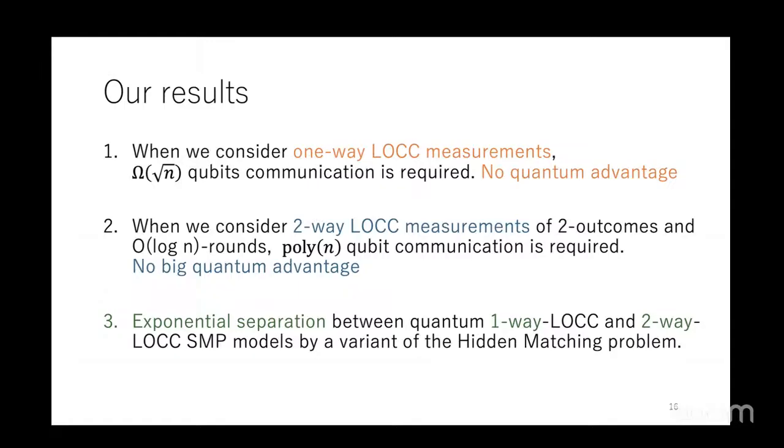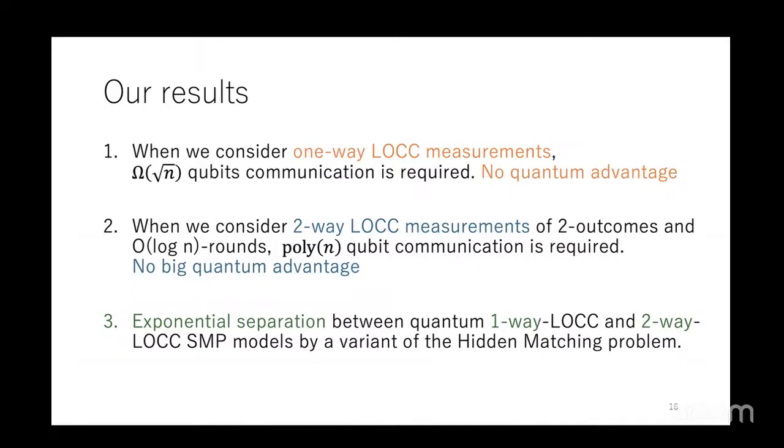We further show that even when we consider some restricted type of two-way LOCC measurement, some Ω(n^{1/4}) qubit communication is required. So no exponential quantum advantage even in this setting. And as a last result, we show an exponential separation between the one-way and two-way LOCC models.